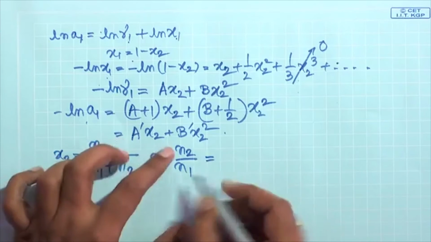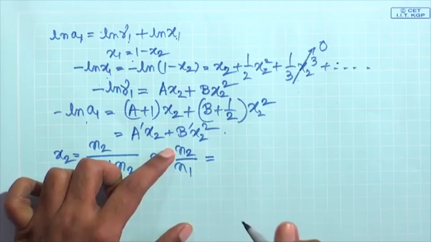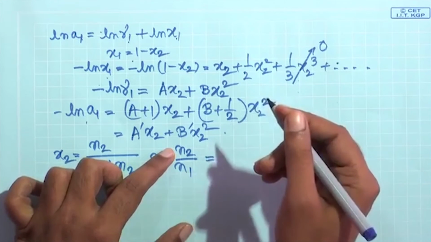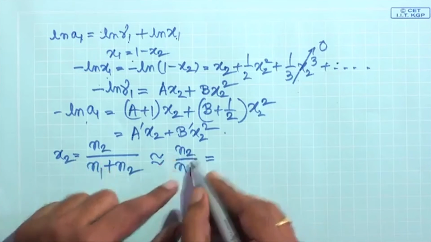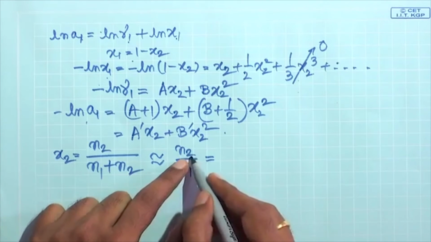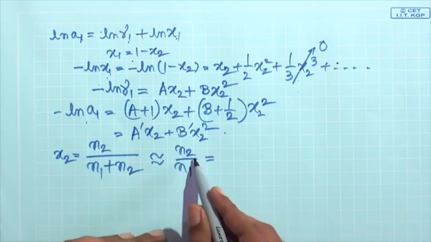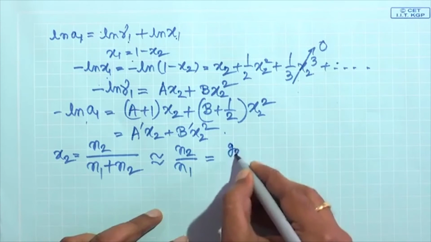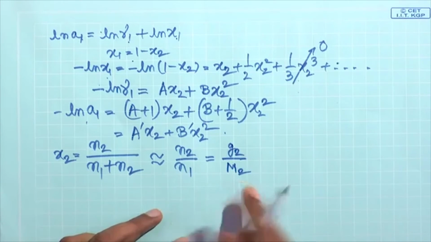Now, if you are expressing number of moles in terms of weight, that is equal to the weight divided by molecular weight. So, number of moles of solute, the solute is being designated by subscript 2 and the solvent is being designated by subscript 1. So, this N2 is basically equal to the weight of the solute divided by molecular weight of the solute. So, you see the molecular weight comes into the picture.